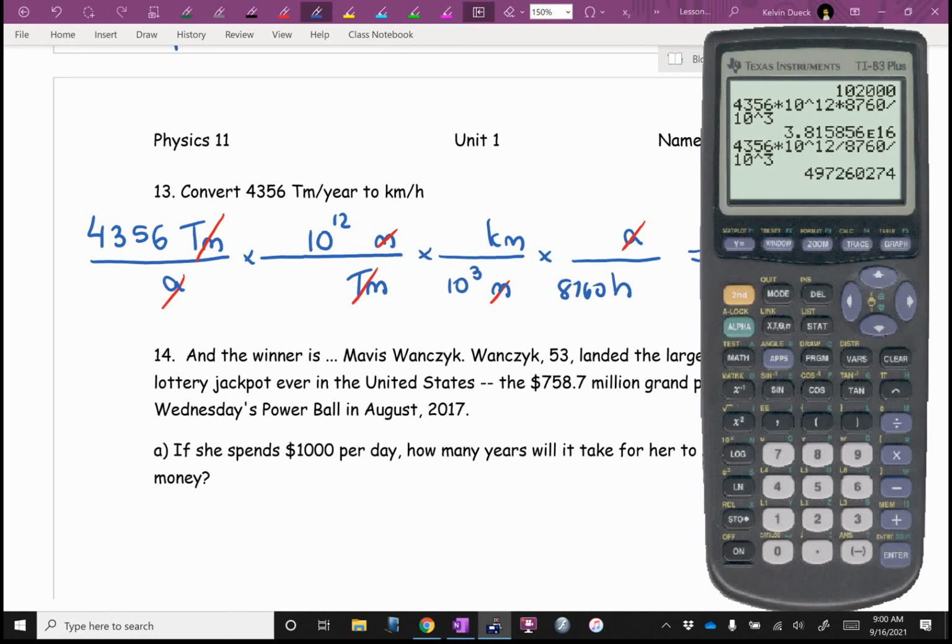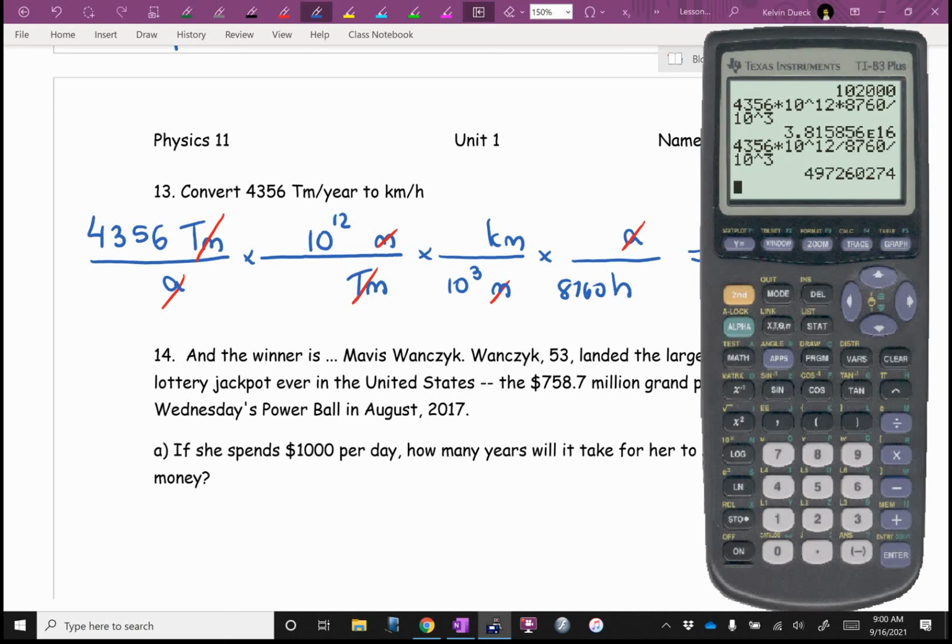Do you get that? 4972, that. Okay. When in doubt, unless the question says to give your answer to the correct number of sig figs, which this question doesn't, I tend to go to 3 sig figs. I figure that's accurate enough.